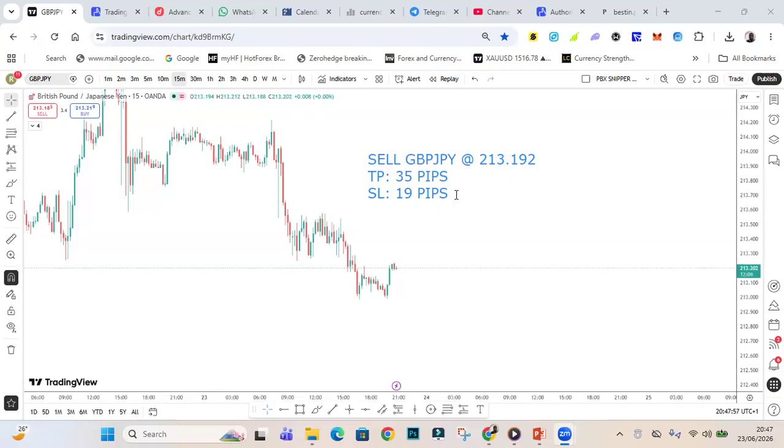Okay, so now that we want to calculate this, the entry price is 213.192. Now we are selling. So how do we calculate the take profit? Are we adding or are we subtracting? We are selling GBP JPY.